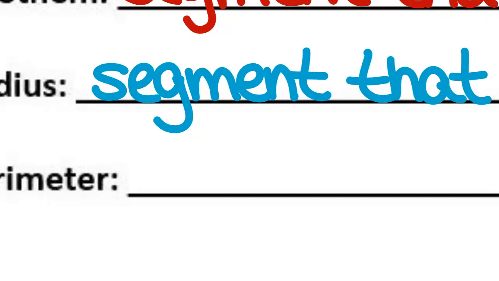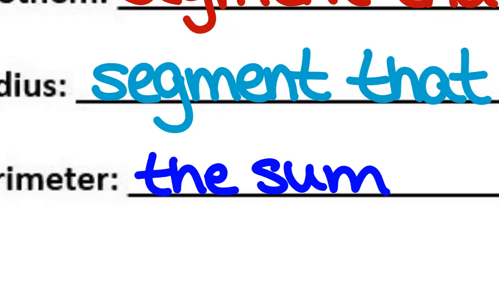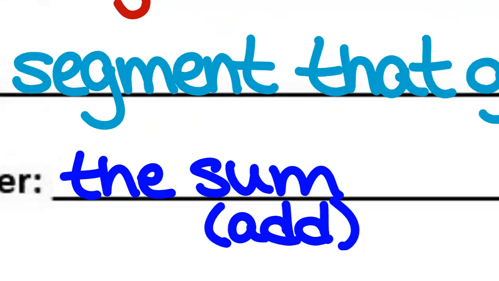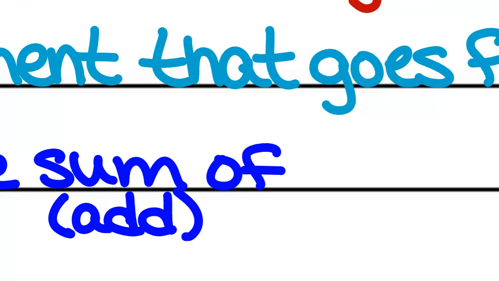And then we have perimeter. Perimeter is the sum, so that means you add, of all the side lengths of a polygon.